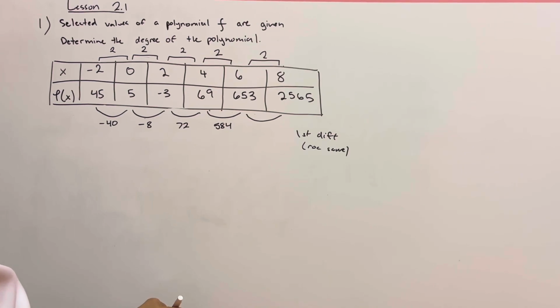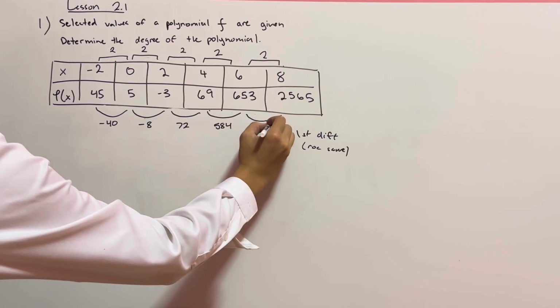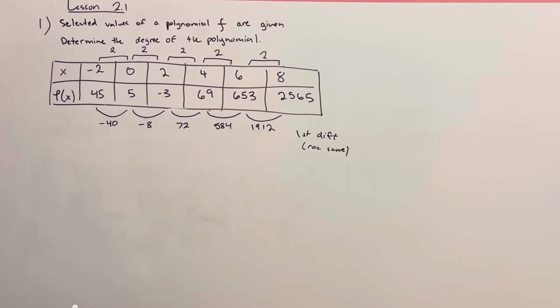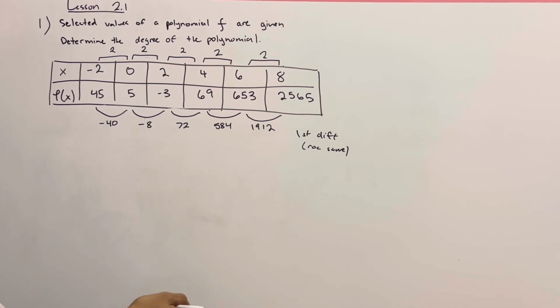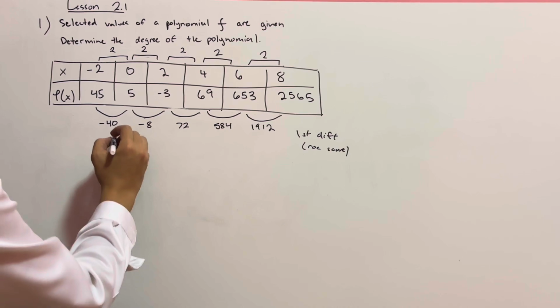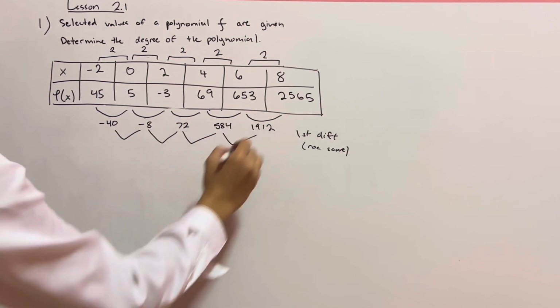And from 653 to 2,565, we add 1,912. Okay. So that's our first difference, and we see that's not the same. So this can't possibly be a linear function, okay? So for our first difference, we're checking to see if the function is in the first degree, and it's not, okay?